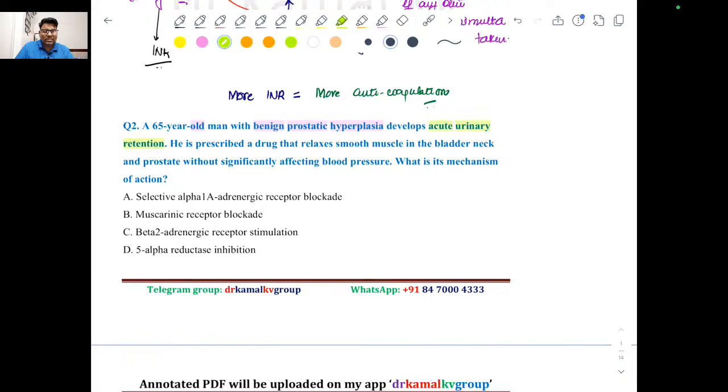Then he was given a drug which relaxes smooth muscles, especially in the bladder neck and prostate, and this drug does not affect the blood pressure. What is the mechanism of action of this particular drug?